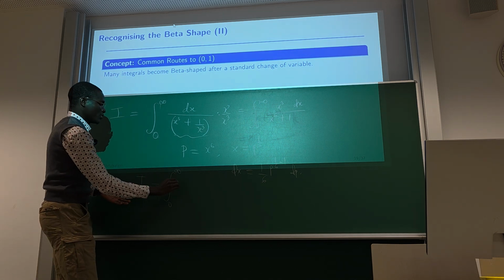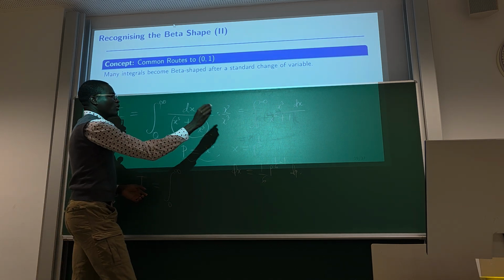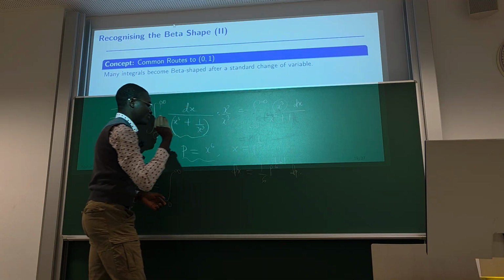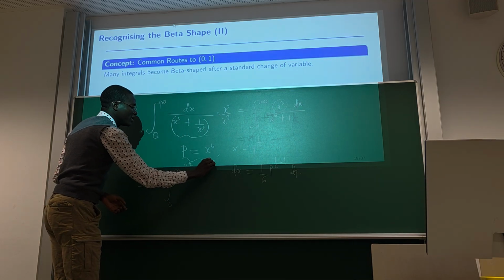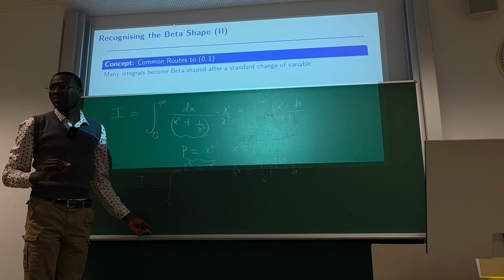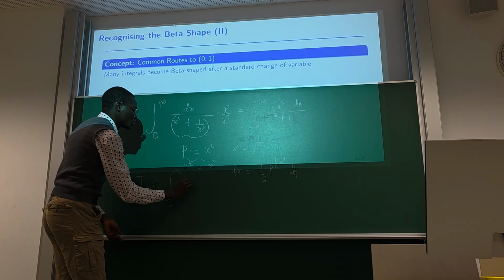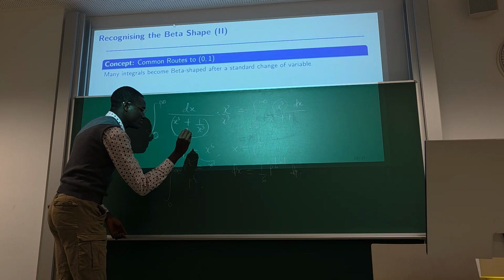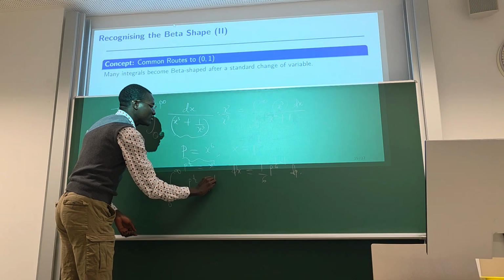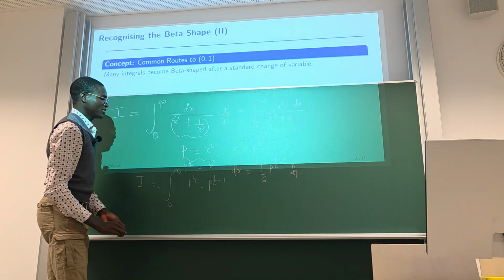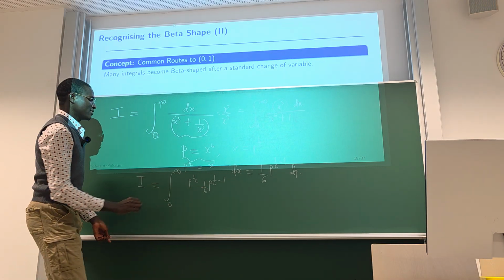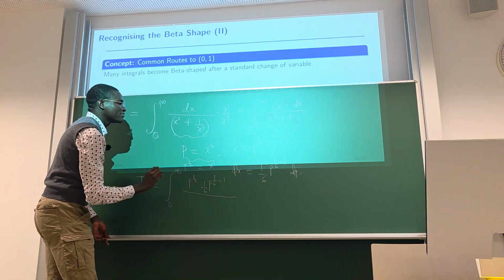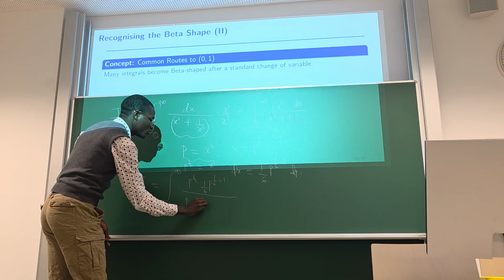So what do we write for x cubed? x cubed would just be p to the half. That would be x cubed, right? So this would be p to the half times p to the 1 over 6 minus 1, with 1 over 6 behind this, over p plus 1.